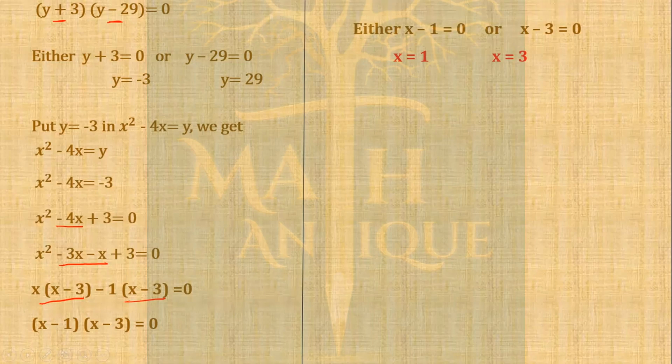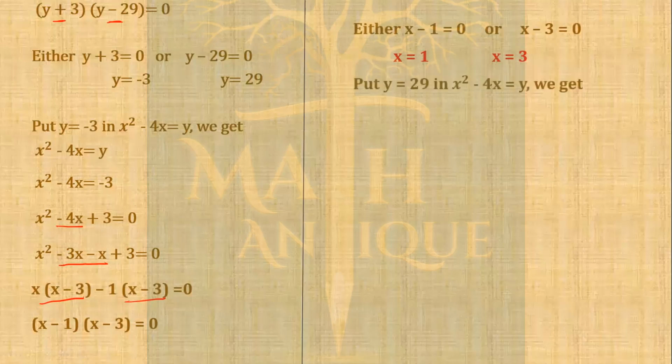Now again, we will take y is equal to 29 and put this value back into our supposition. Look, our supposition is x square minus 4y is equal to y. Put this value, y is equal to 29. So collect all the terms on the left side.